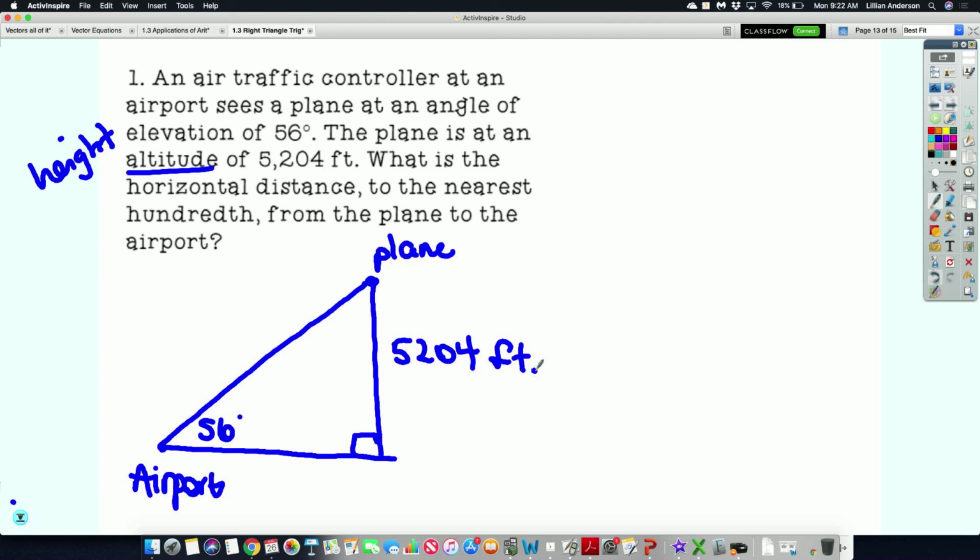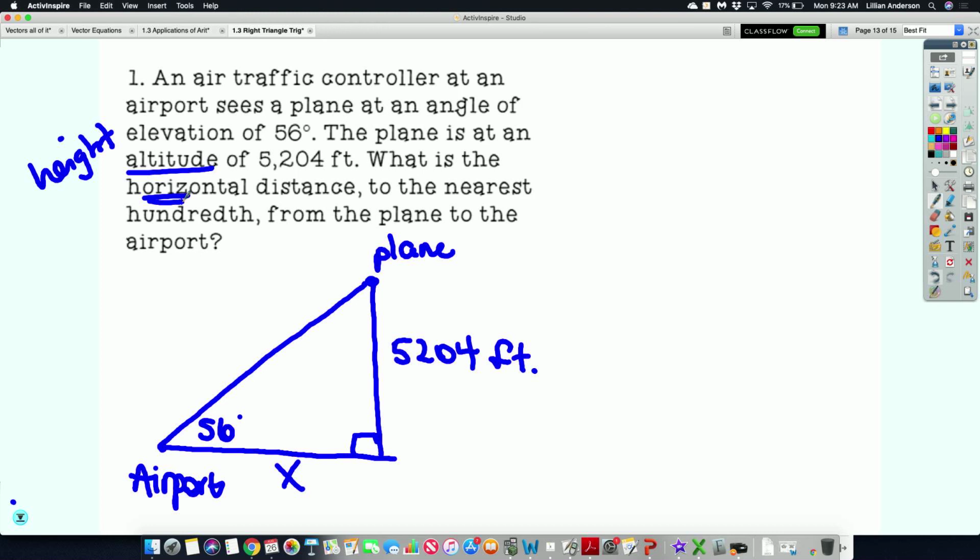What is the horizontal distance to the nearest hundredth from the plane to the airport? Horizontal. What's going to be my x? It's going to be the adjacent because it said the horizontal distance. Now, if it just said what's the distance from the plane to the airport, then it would have been the hypotenuse. But because it says the horizontal distance, it's that bottom part. Okay?